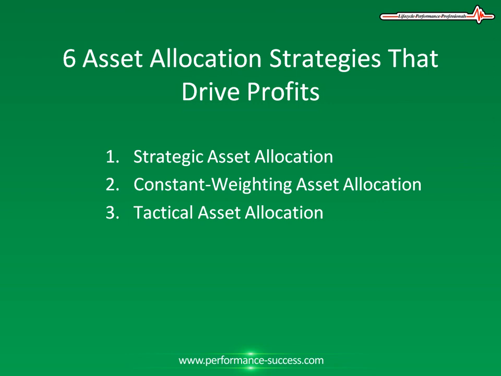The next strategy is dynamic asset allocation. Another active asset allocation strategy is dynamic asset allocation, with which you constantly adjust the mix of assets as markets rise and fall and the economy strengthens and weakens.